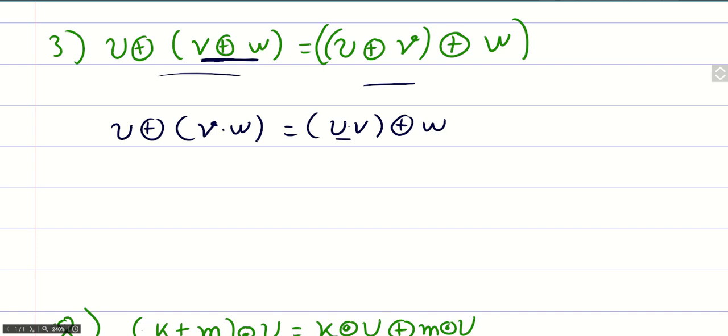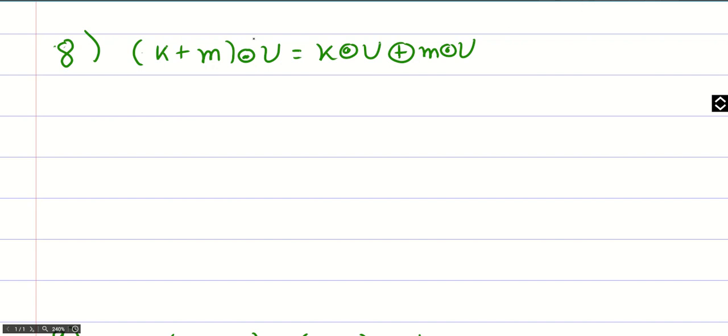This is still a real number, so we can operate here again, and we obtain u times v times w, and here the same. U times v times w. So yeah, it holds.